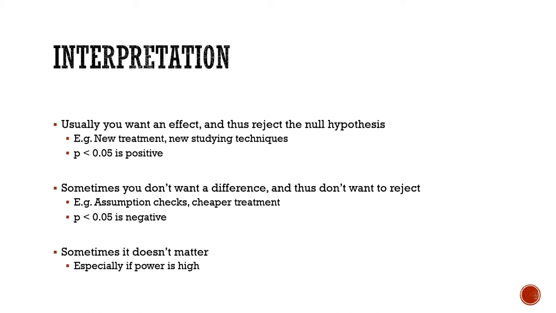Because I need equal variances for my statistical tests to work. And in that case, equal variances already says it is equal, so it's the null hypothesis. So in that case, you want the null hypothesis to be true.